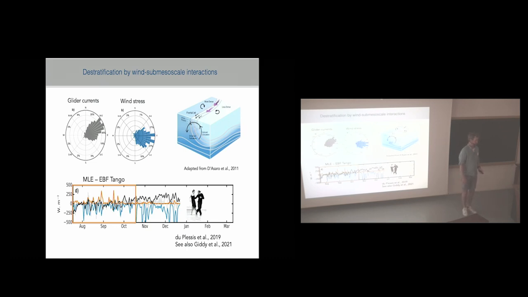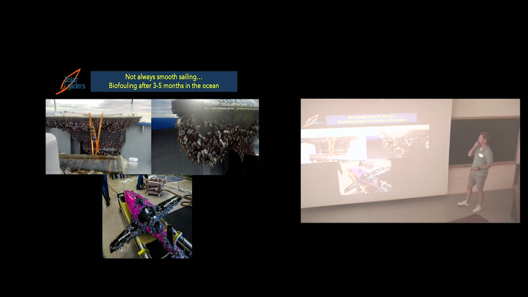Okay. It's not always so easy. So you think, oh, we just put the gliders in and we'll see them in a couple of months and just play on our phones and move them around. But then we have other things that are at play. And this is a nice example of intense biofouling that some of the gliders experience, where they have these gooseneck barnacles growing here on the sailboy and here on the gliders.